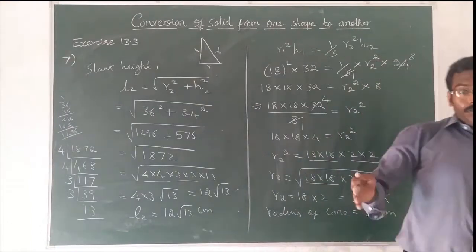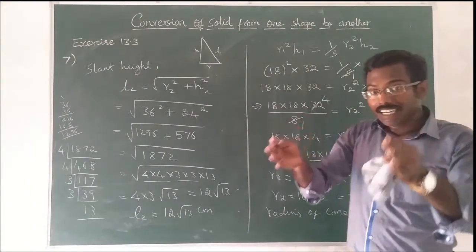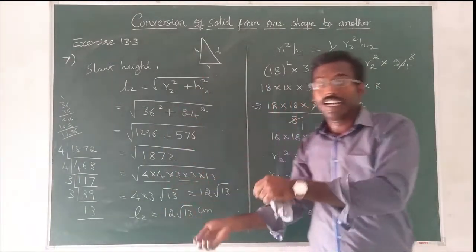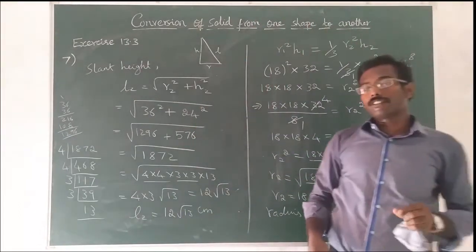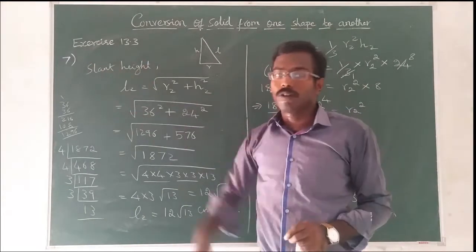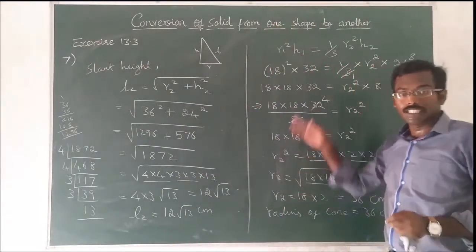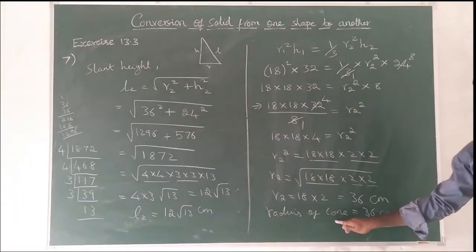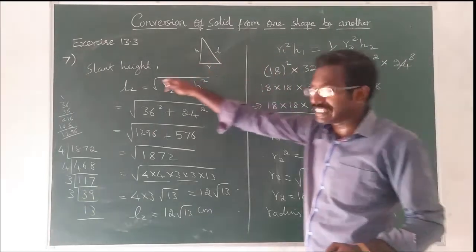The sand in a cylindrical bucket is converted into a conical heap. So we took volume of cylinder equal to volume of cone, applied the values, got the radius of the cone, and from that we found the slant height.